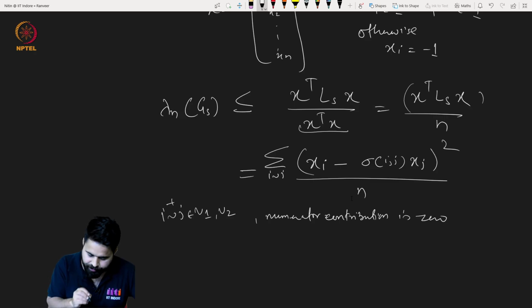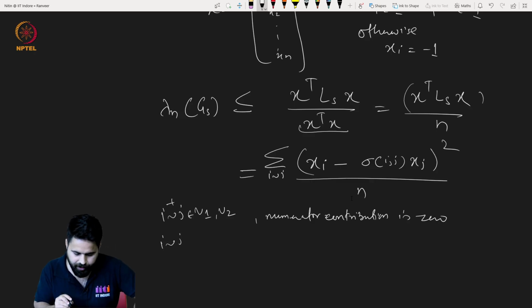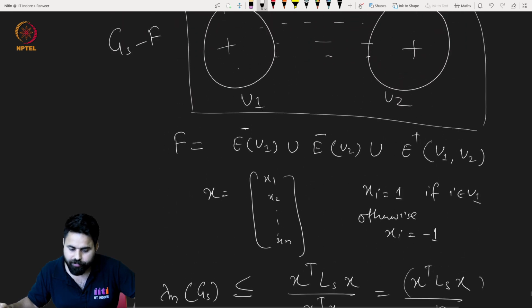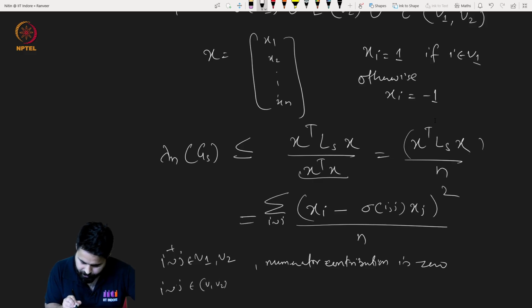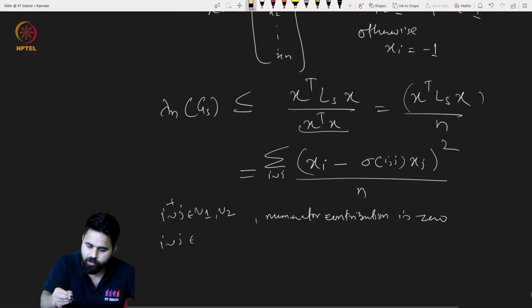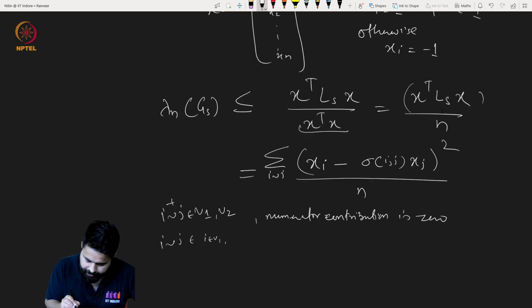Similarly, suppose there is a negative edge between V1 and V2. Suppose i belongs to V1 and j belongs to V2, and there is a negative sign.